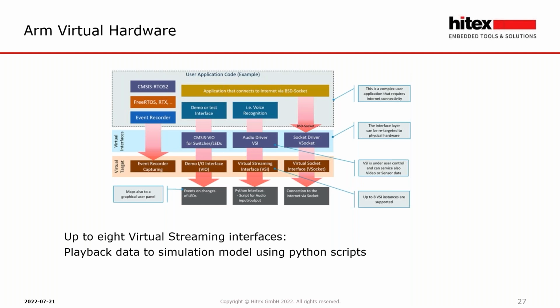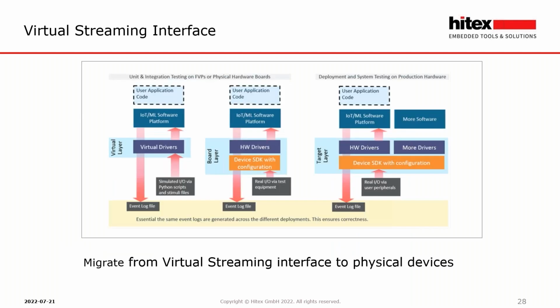So we can start to develop a lot of our code before we even have our real hardware ready. And then as we go through the project, we can develop in simulation with our virtual drivers, and then migrate these out to an evaluation board. And then eventually, when our custom hardware is ready, we can go out to the final target hardware. So this allows us a lot more flexibility in development.